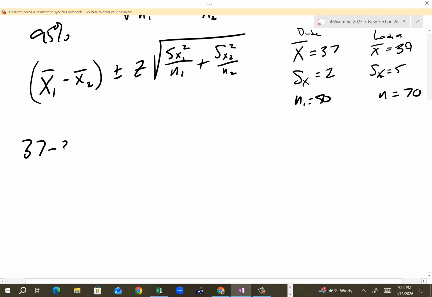So 37 minus 39. Does it matter which way I minus them? Yes and no. Oftentimes I want to know the difference between husbands and wives, and I specify husbands minus wives. Other times I don't care at all. I just want to know, is there a difference?